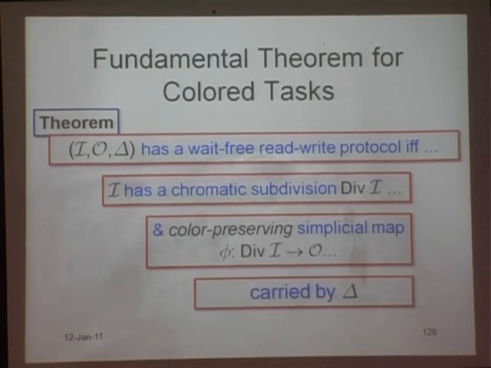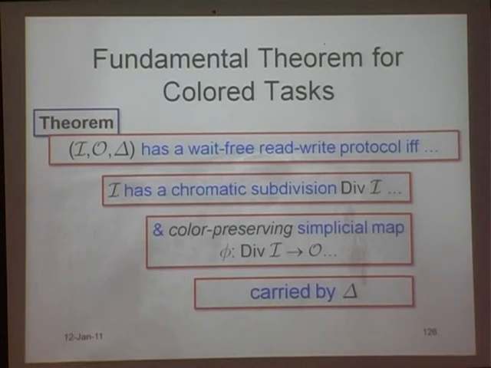So let me leave you with two interesting open questions. One is, as I said before, for the colorless task we had continuous maps. And it would be so much cooler if I could say this has a wait-free read-write protocol if and only if there's a continuous map from the polyhedron of I to the polyhedron of O that satisfies an additional property.